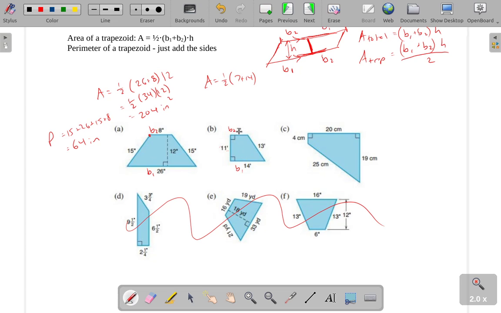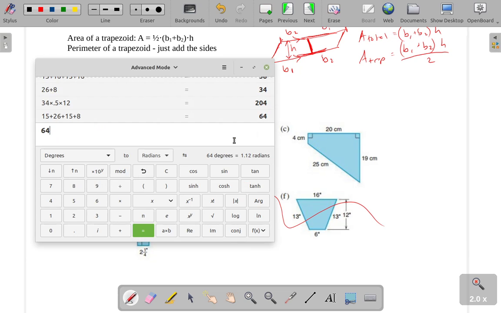And it doesn't matter which, top or bottom. There is no top or bottom with the trapezoid. Don't worry about which one is shorter and which one is longer. I'm just calling B1 and B2 because that's the way I wrote it down. Times 11, that's my height. So I'll go 0.5 times 21 times 11.